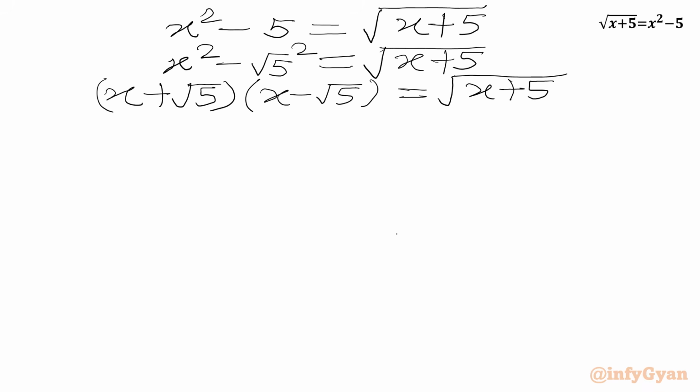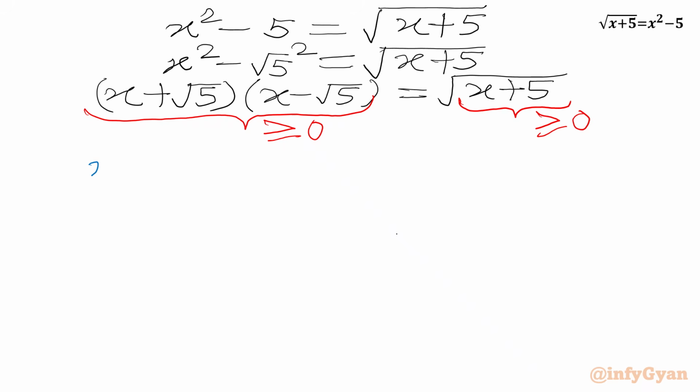For x to be real, we know that our radicand must be non-negative, so this must be greater than or equal to 0. So our LHS must be non-negative, greater than or equal to 0. So we are going to write here two conditions, one from LHS, one from RHS.